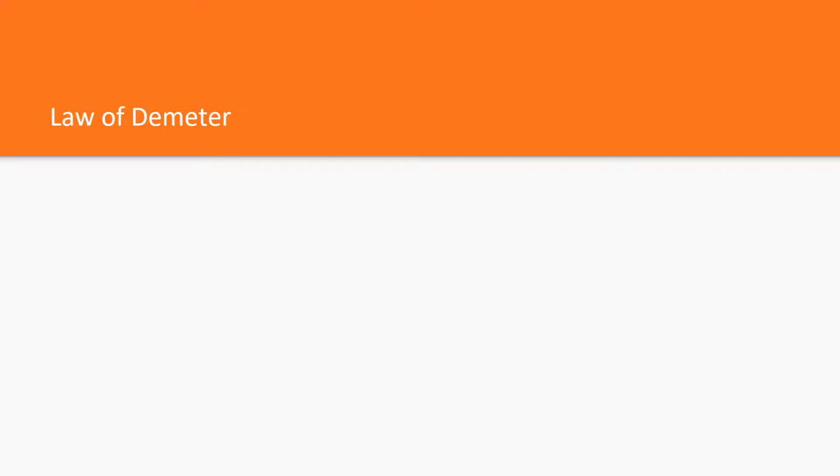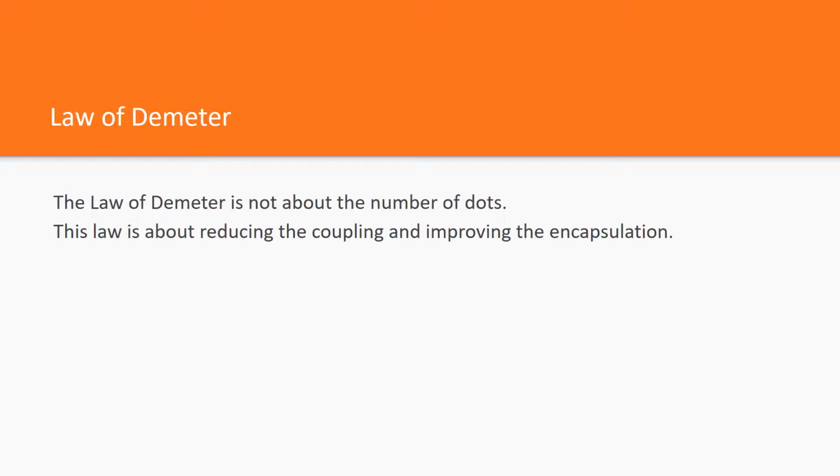To sum up, I want to say that the rule about the number of dots sometimes can be deceitful. The thing is that the law of Demeter is not about the number of dots. This law is about reducing the coupling and improving the encapsulation.